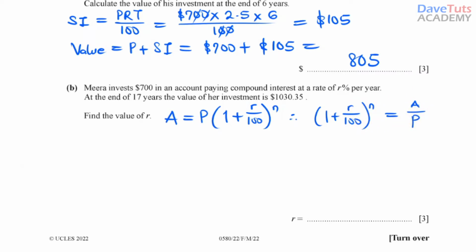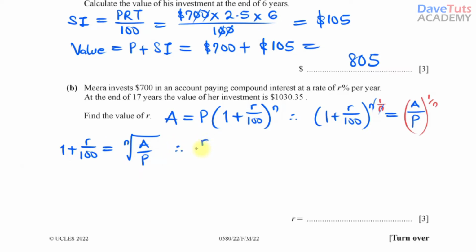And for me to knock out the power of n, I can multiply by 1 over n. This I can also raise to the power 1 over n, so that this will cut out, and then I can have 1 plus r over 100 is going to give me the nth root of A over P. Okay, but r is what I'm trying to make the subject of the formula.